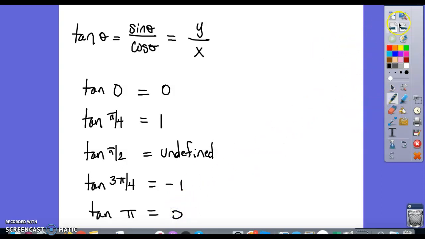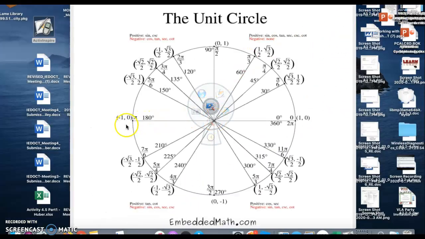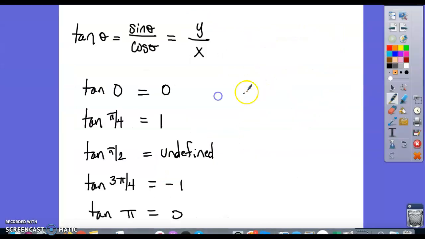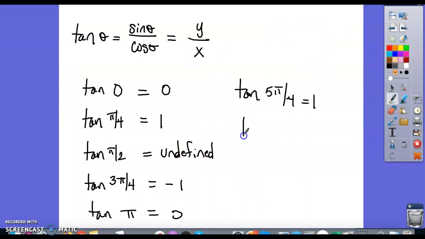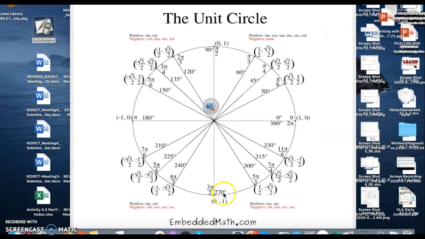If I keep going, tangent of 5 pi over 4 is +1. Tangent of 3 pi over 2 is 0. Just kidding, it's not 0, it's undefined.